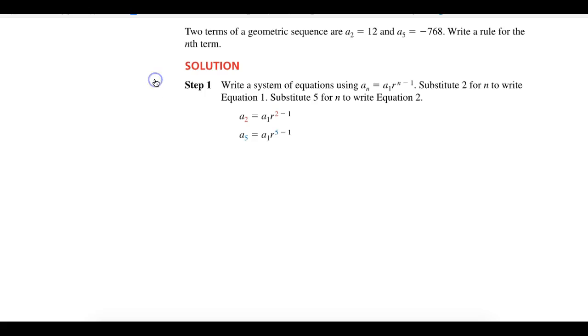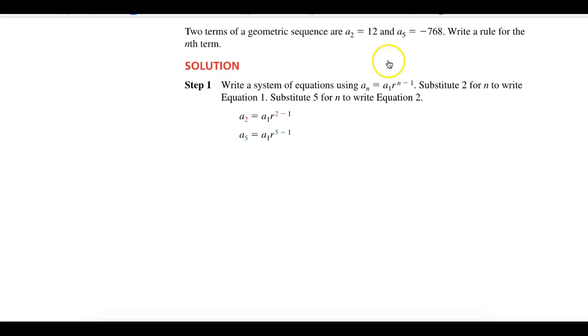So this was our third type of problem with arithmetic sequences as well. We only knew 2 numbers in our sequence, but we didn't know what the first one was, and we didn't know what our ratio was. So let's use these numbers to find our ratio. We're going to write a system of equations.